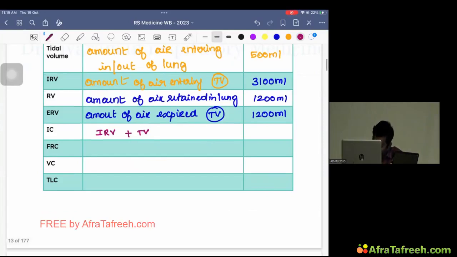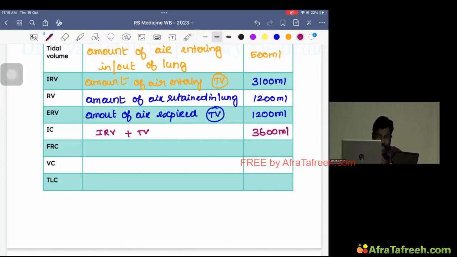Inspiratory capacity is 3600 ml, so it is 3100 plus 500, 3600 ml. Then coming to FRC. FRC is functional residual capacity, which is equal to ERV plus RV, which is 1200 plus 1200, 2400 ml.